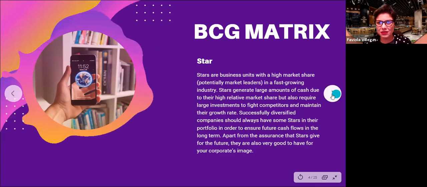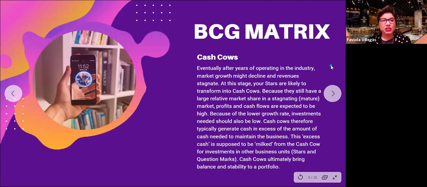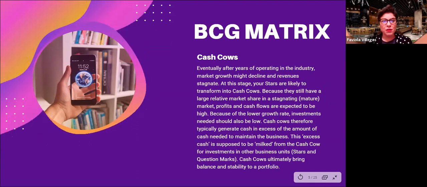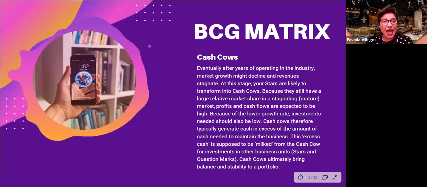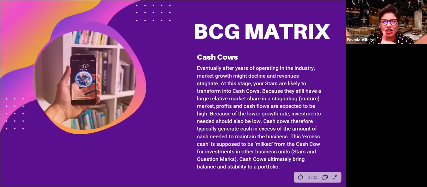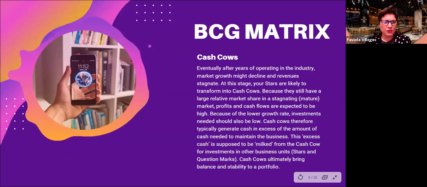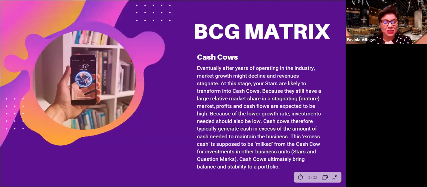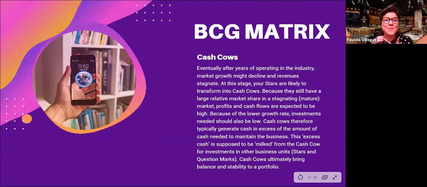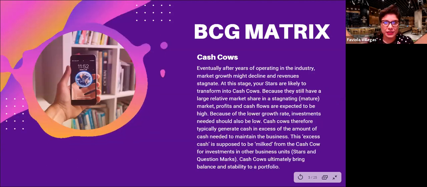So, talking about cash cows. Eventually, after years of operating in the industry, market growth might decline and revenues stagnate. At this stage, your stars are likely to transform into cash cows, which is good because it gives you stability. And sometimes those cash cows keep your company afloat in a crisis.